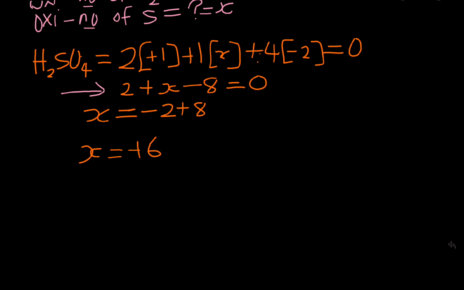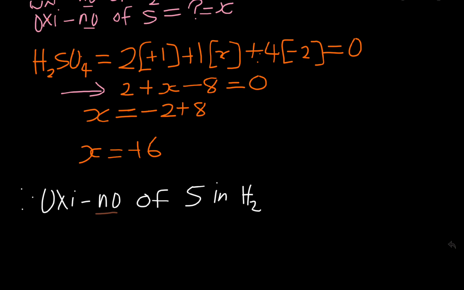And so therefore, the oxidation number of sulfur in H2SO4 equals plus 6, and this is our final answer.